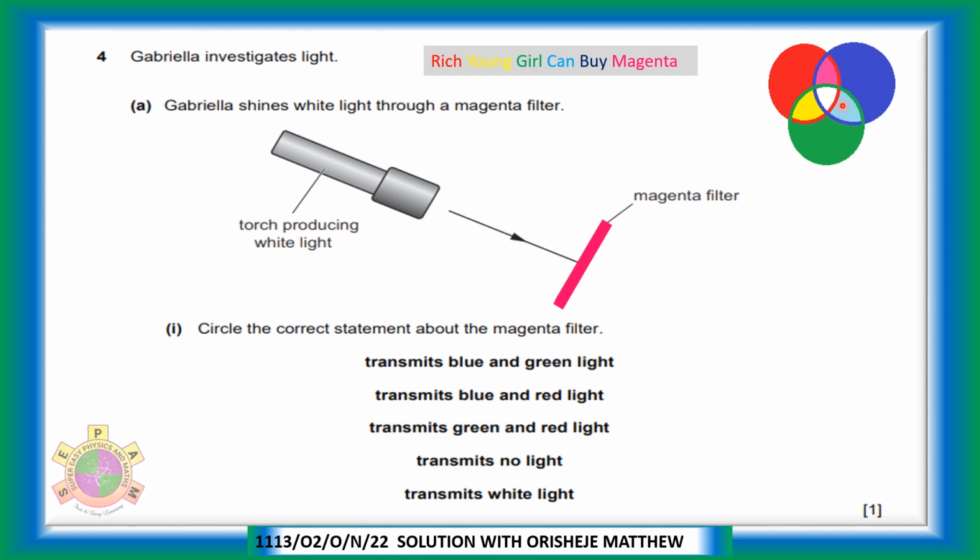A cyan filter will allow blue light and green light to pass through. So for the one in this question, blue will pass through and red will pass through. The transmitted colors will be blue and red.